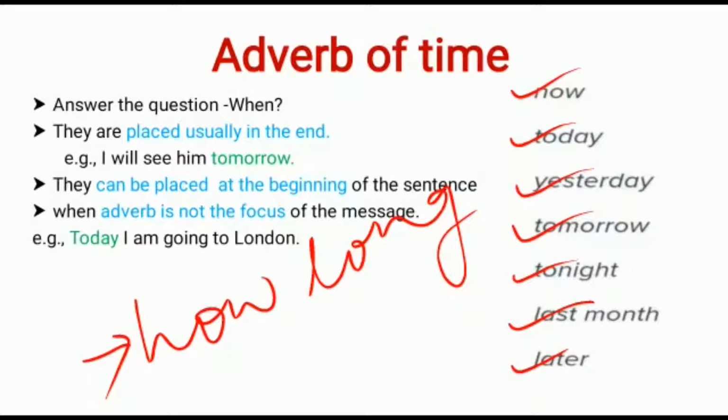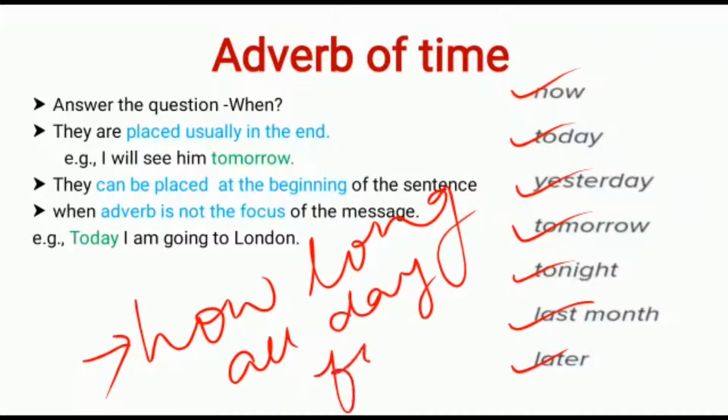Those adverbs include words like all day, for, since. Now, for example, when I say she stayed in my house all day, so here I am using this adverb of time and I am informing about how long she stayed in my house.